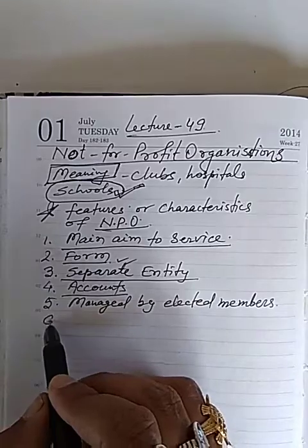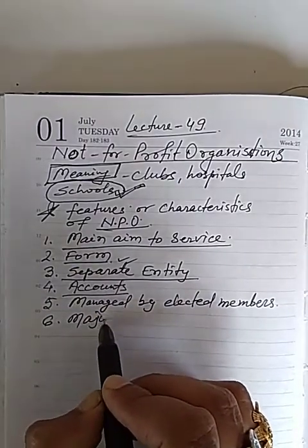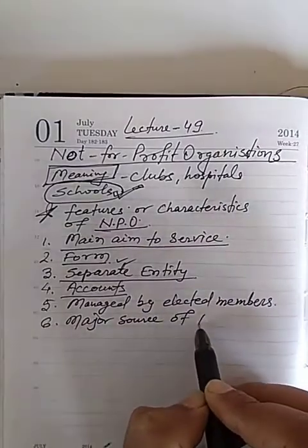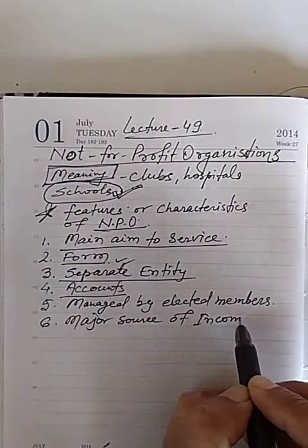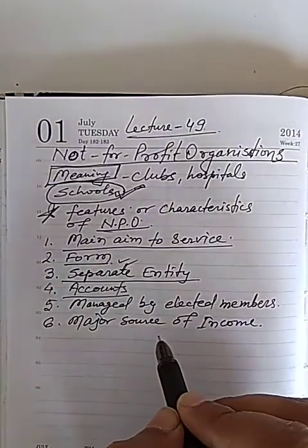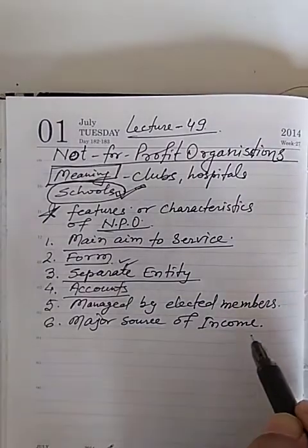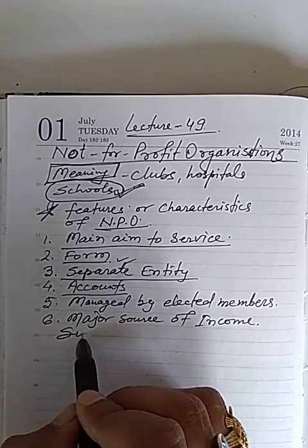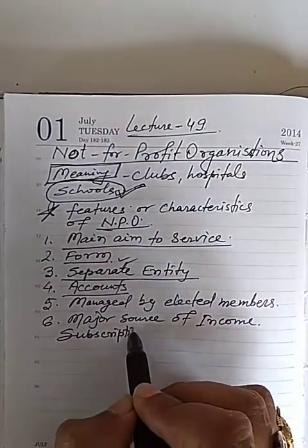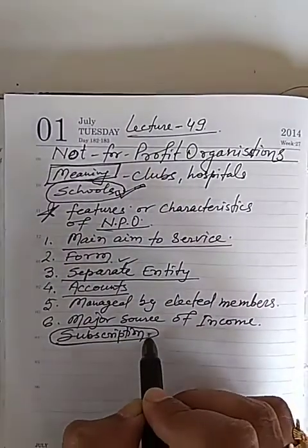Next point is major source of income. The major sources of their income usually are subscription from members. In Hindi we can say that subscription means chanda.